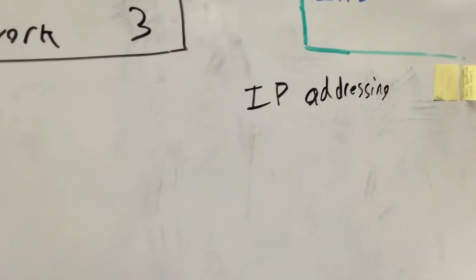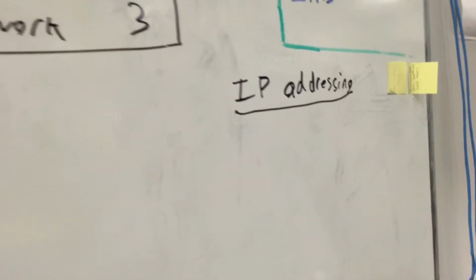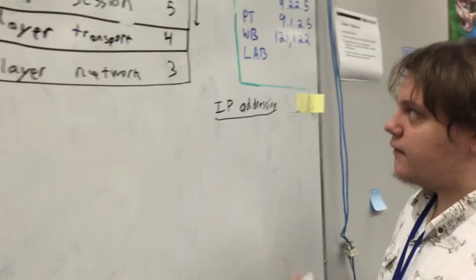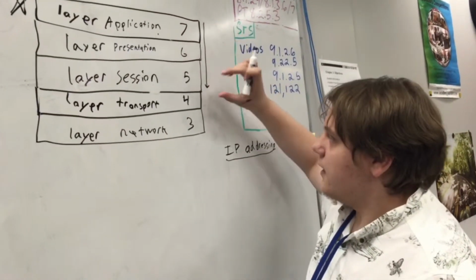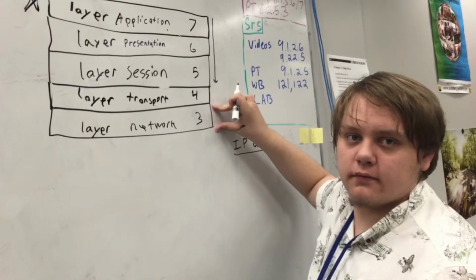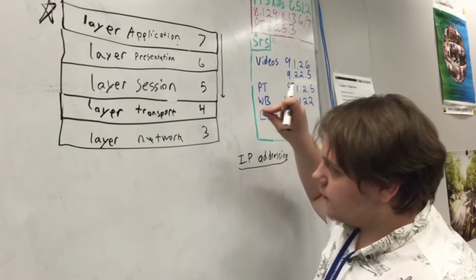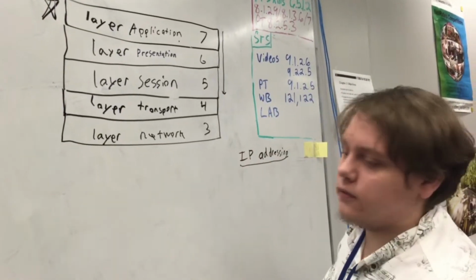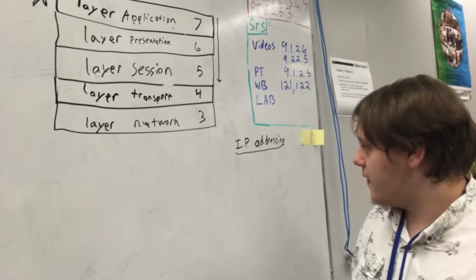This is the main connection between devices. This says, hey, I have the stuff I want to get. It's in enough pieces. Where do I want to send it? This is our final destination on the other computer or server or device that you want to send your data to.